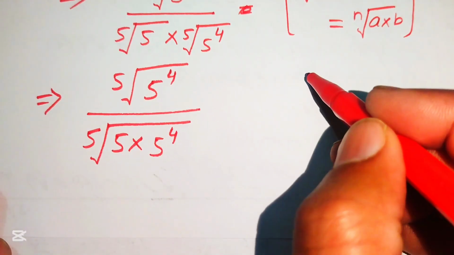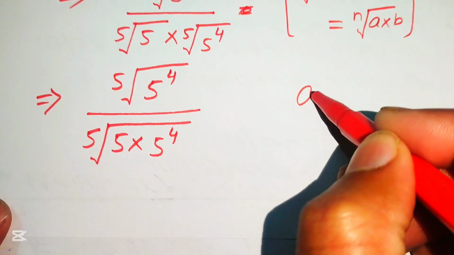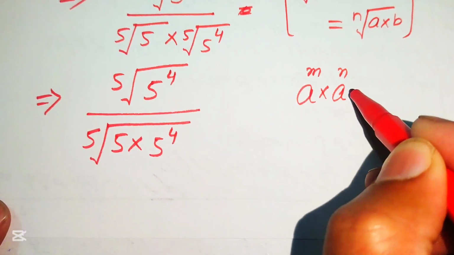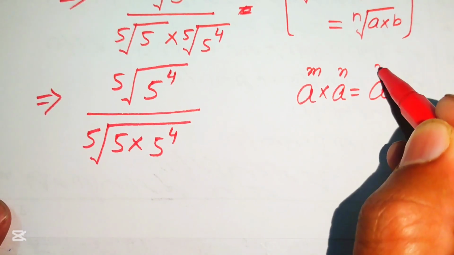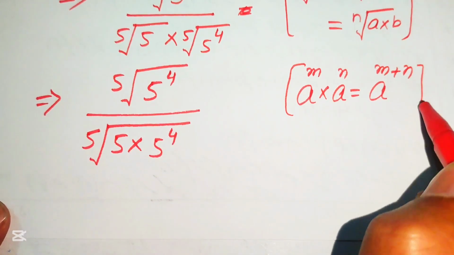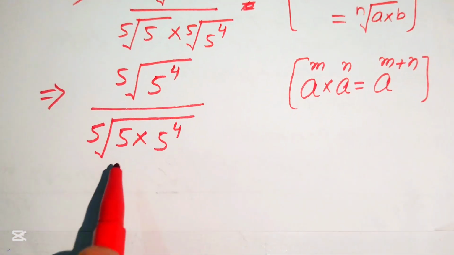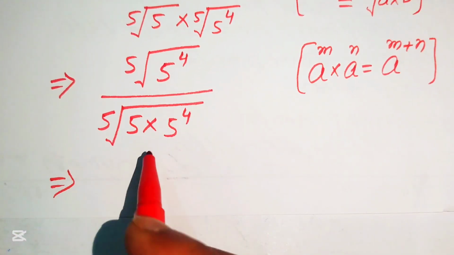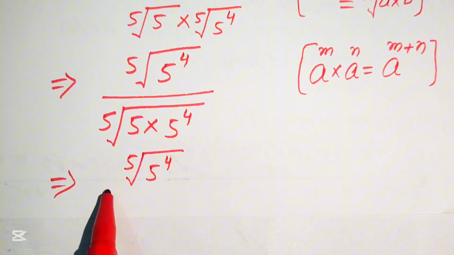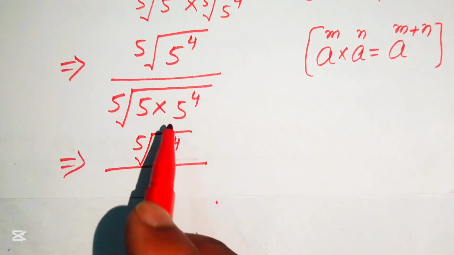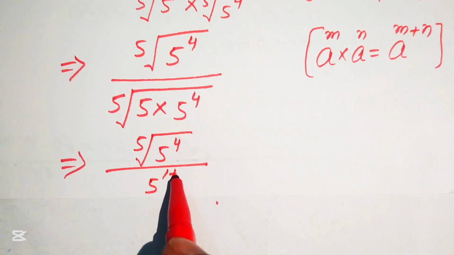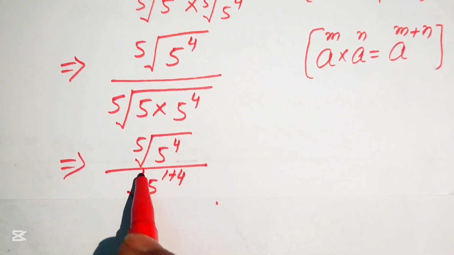In the next step we apply the exponent law in the denominator. You know that a to the power of m multiplied by a to the power of n is equal to a to the power of m plus n. According to this exponent law, we write this term as the fifth root of 5 to the power of 4, divided by the fifth root of 5 to the power of 1 plus 4.